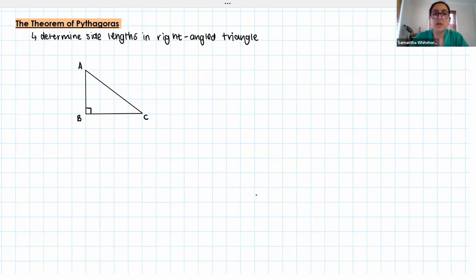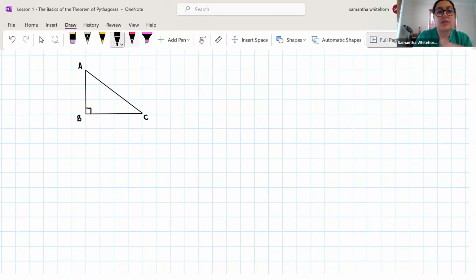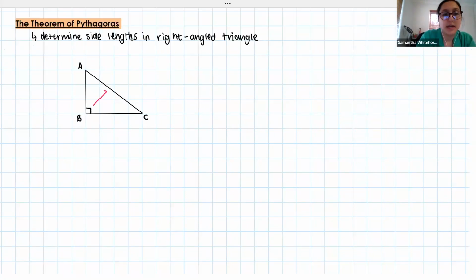Alrighty, so if we have a look at our triangle, there's some important information that we need to know before we just jump into this. The first thing is that the side opposite our 90-degree angle is a very special side that we work with, and this is called our hypotenuse. Our hypotenuse is always opposite the 90-degree angle, always, that never changes.